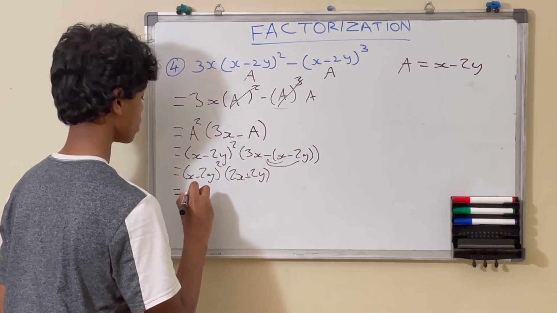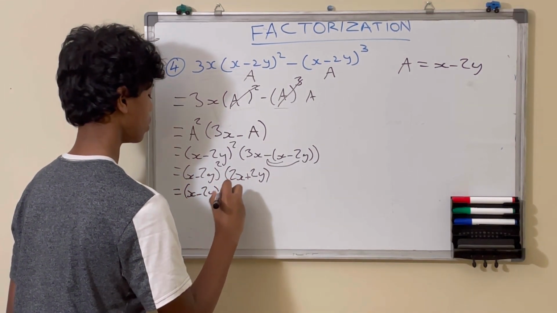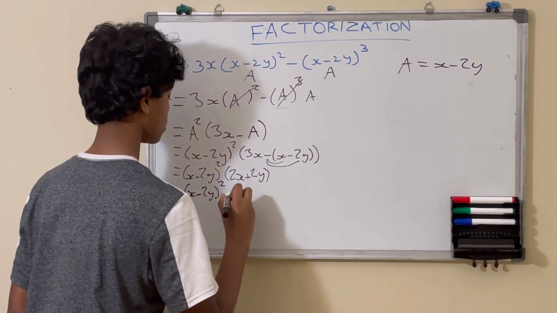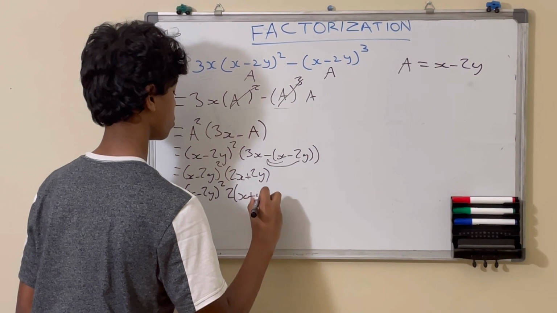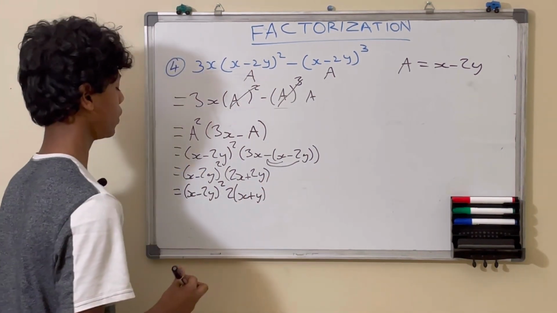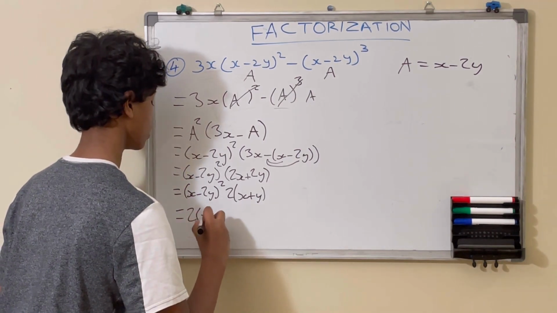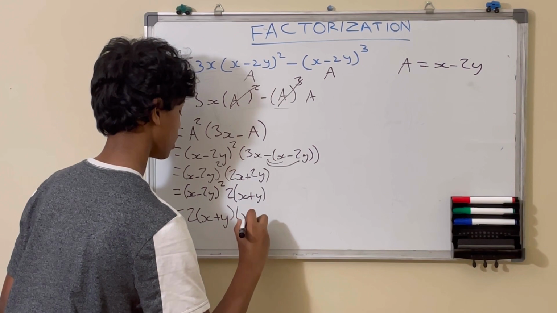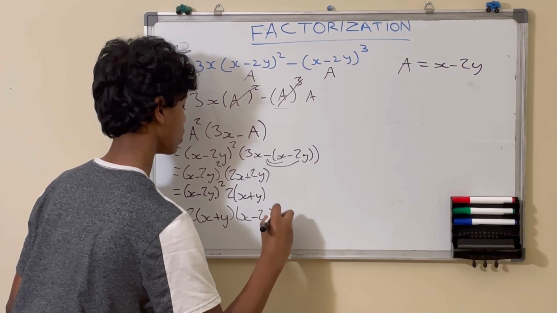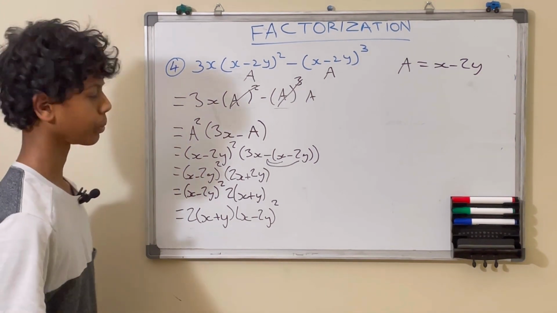So this equals (x − 2y) squared times 2(x + y). Now we can just reorder this to how it should be, so this equals 2(x + y)(x − 2y) squared. And that's the answer to question 4.